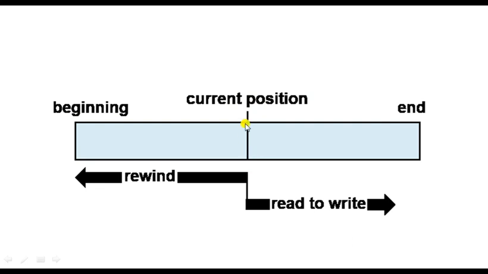From the current position, if you want to go to the beginning of the file, you cannot jump from this position to this position. Again, you traverse all the blocks and go to the beginning. From this position also, if you want to go forward, cover all the blocks and go to the end. This is the representation of sequential access.